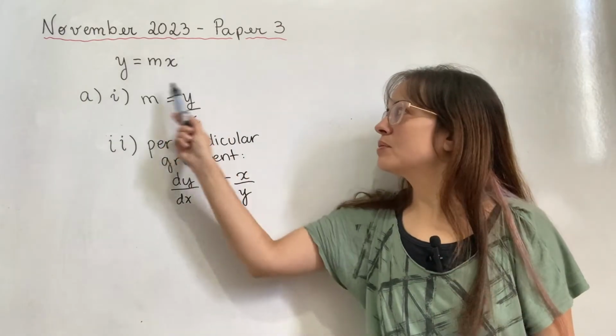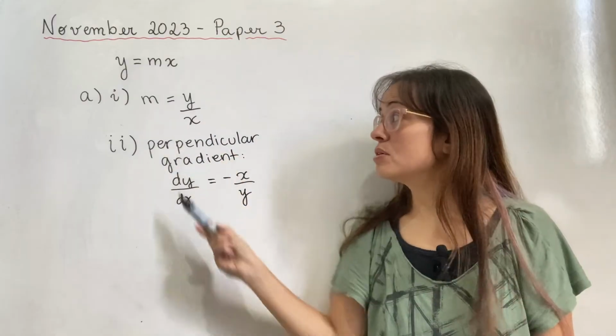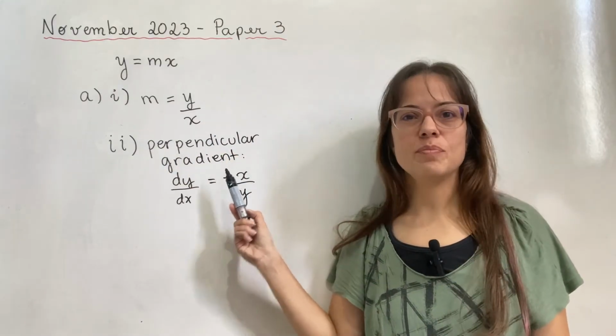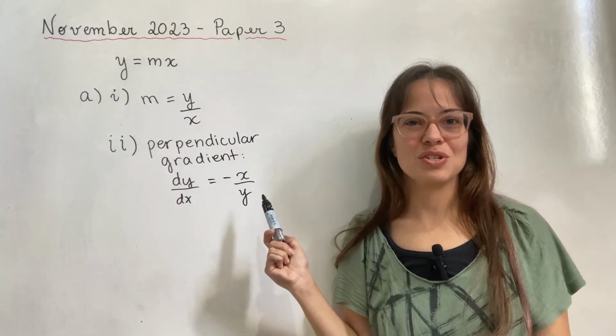Because even if you didn't quite understand what he was asking you here, if you can just believe him, you can still move on. And I wrote the words perpendicular gradient here because I didn't just want to write this because that's the answer given in the question. It's a show that.